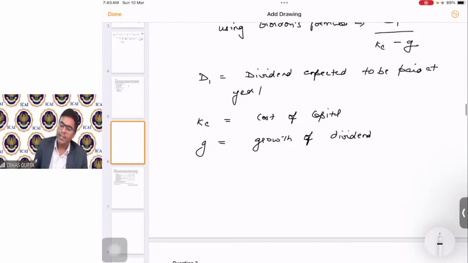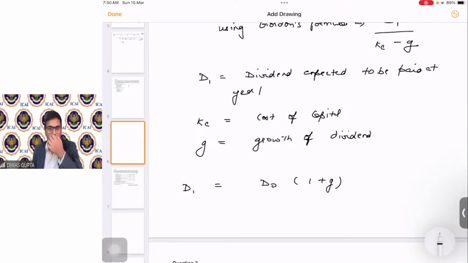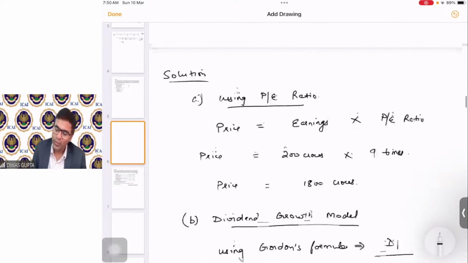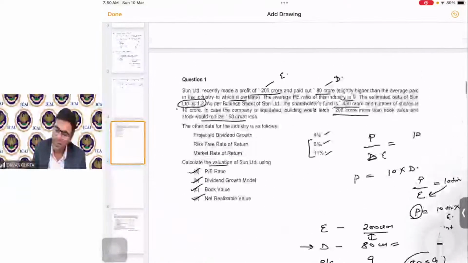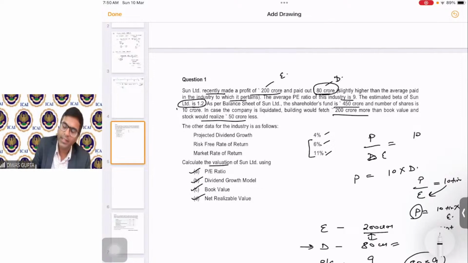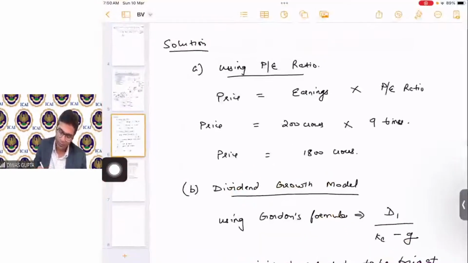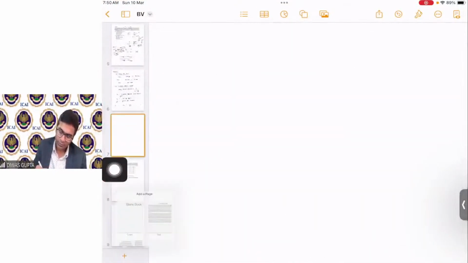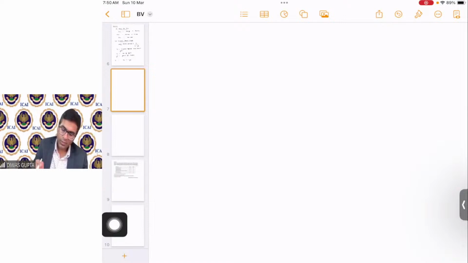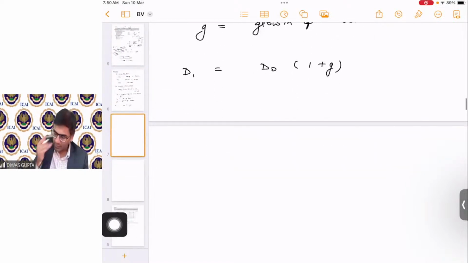So, first of all, students, D1 is equal to D0 times 1 plus growth rate. Correct? Because we have been given 80 crores as D0, which is today's dividend, since it said that the company recently made a profit and is expecting to pay 80 crores. So that is D0.